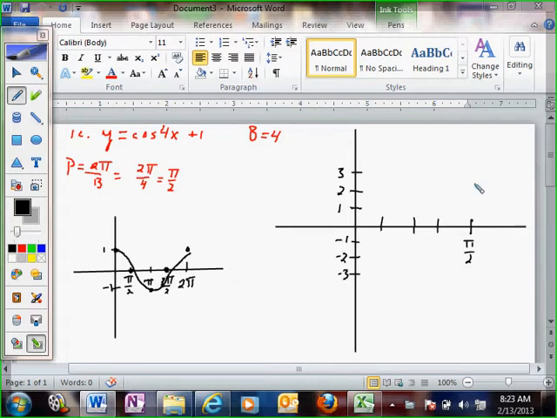Even though my period in my problem over here has changed, and these critical points, which this one is 0, 1, this one is pi halves, 0, this one is pi, -1, and so forth, that I told you to put on your note card, those ordered pairs changed, but the relative position of those pairs, based on how you divided this period up into 4 equal parts, stays the same.